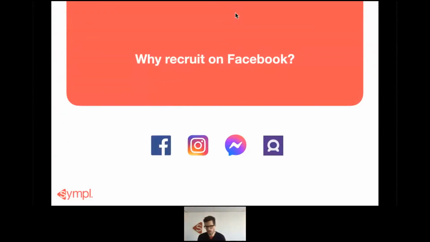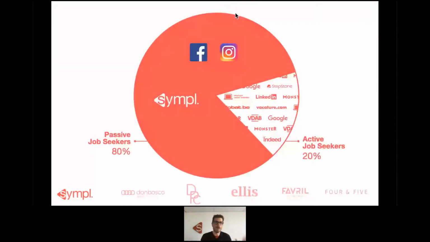Now, why should you recruit on Facebook? There's one big reason that you saw already before. It's one of the few opportunities you will have to reach passive job seekers. Right? People actively looking for a job, you can find them on Indeed, Monster, LinkedIn, Stepstone, because those people are actually looking for a job, and they will by themselves go to those websites to search for jobs.